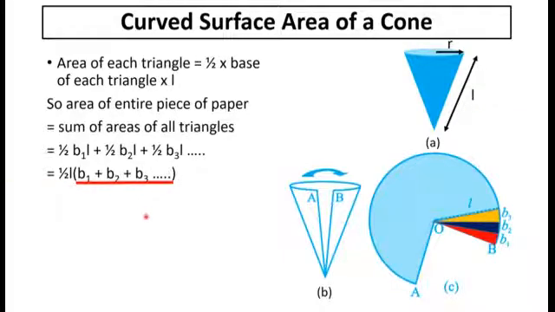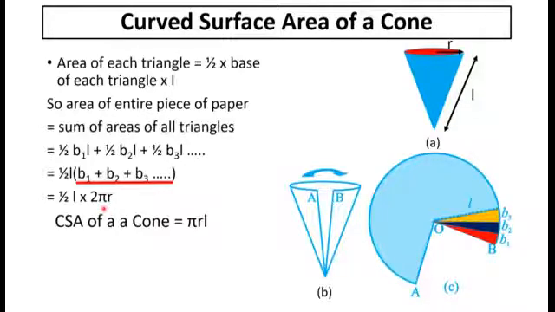But we know that B1 plus B2 plus B3 is equal to the circumference of the cone. So we can write half L into 2 pi r, where 2 pi r is the circumference of the base circle of the cone. So CSA of cone can be given by pi r L.